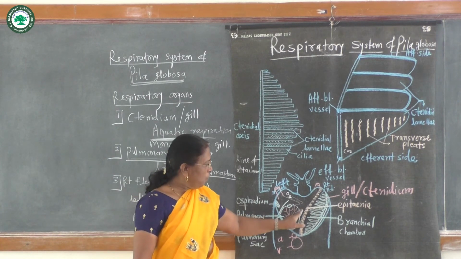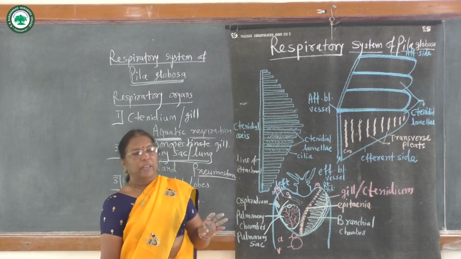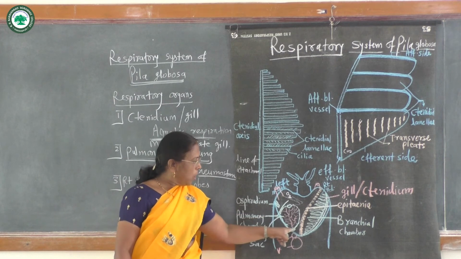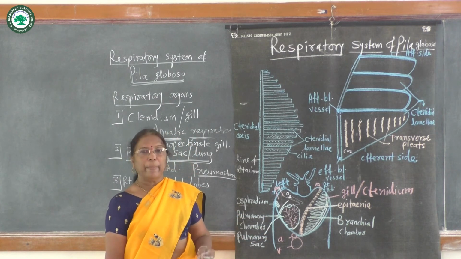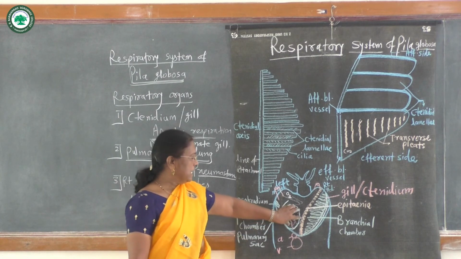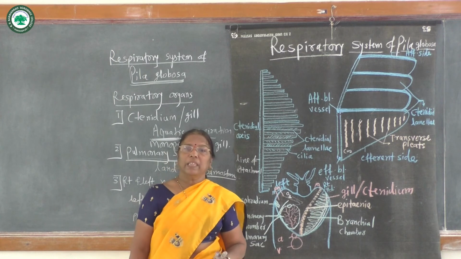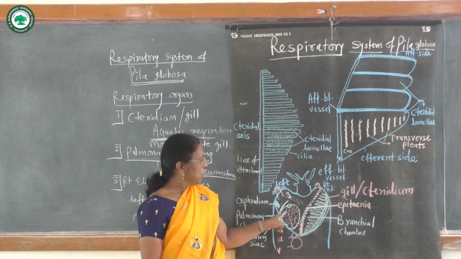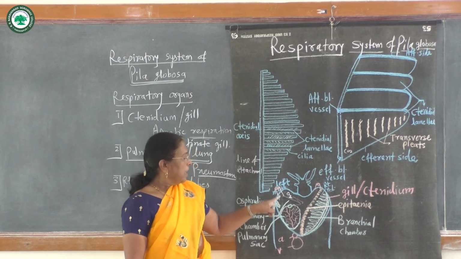The ventral wall of the pulmonary sac is creamy white in color, and the dorsal wall is highly pigmented. This pulmonary sac is internally provided with a network of blood vessels which contain deoxygenated blood, means CO2 rich blood.